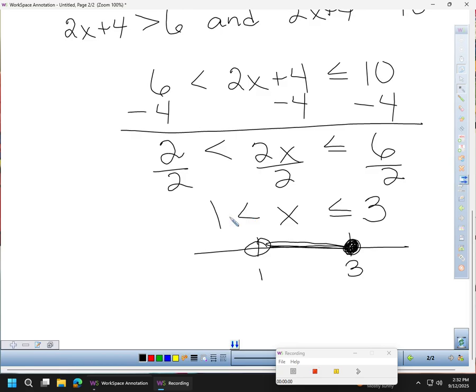See, x says it's greater than 1, which means it goes this way, and x says it's less than 3, which means it goes this way. So that's going to be and. Okay? So then my interval notation, it starts at the open dot, which is a parenthesis, 1 to 3, and this I have a closed dot, so I have a bracket. Perfect.